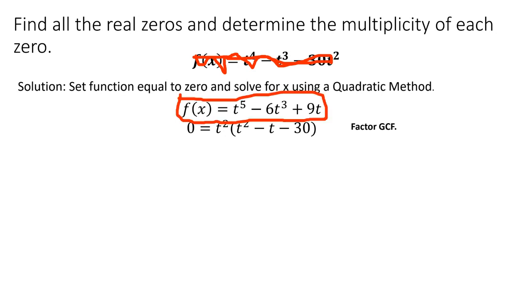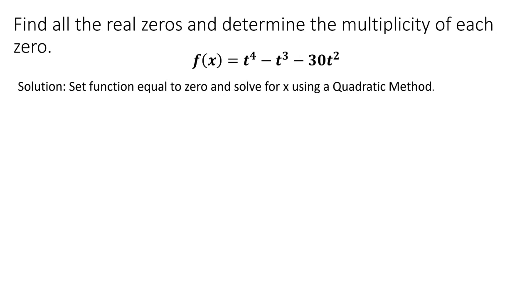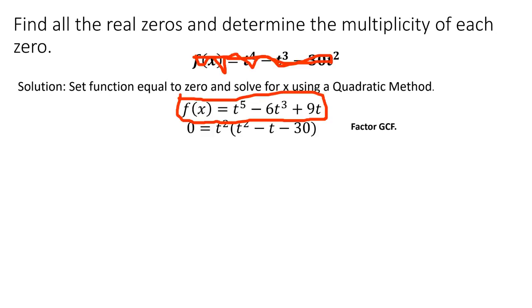So we'll work with this. Okay. So let me go back. Okay, so we have t to the 5 minus 6t cubed plus 9t. So the first thing you want to do is let y equals 0. So here's my 0. And notice that all three terms have a t in common. They have one t in common here.